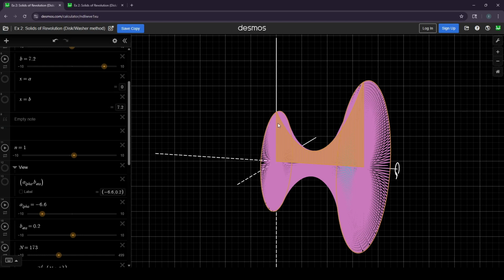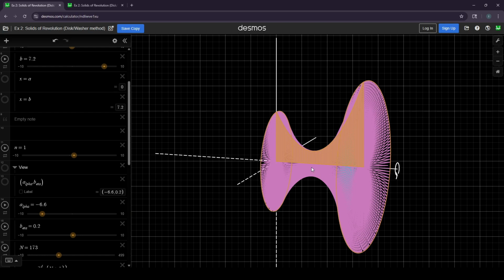Now keep in mind, an integral has infinitely many Riemann sums, or infinitely super thin lines. And if you square each of these lines for this Riemann sum, multiply by pi, and add all of those areas together, well, don't you have the volume of the revolution?